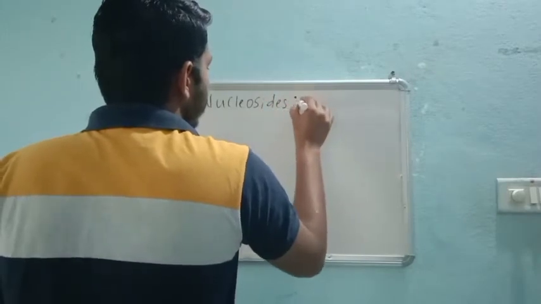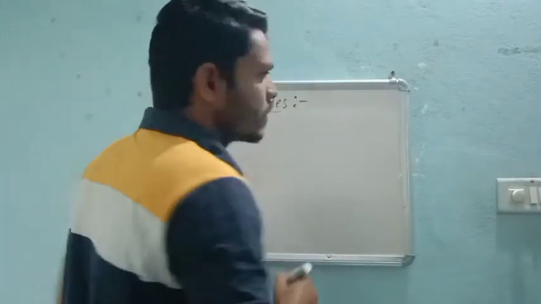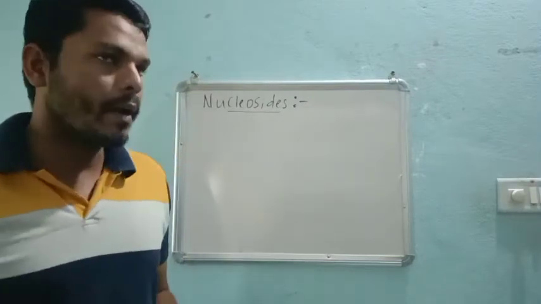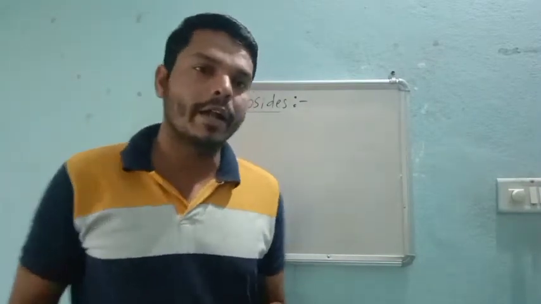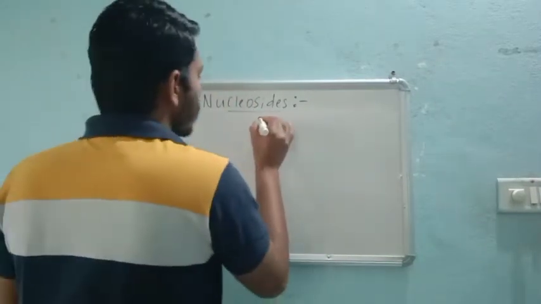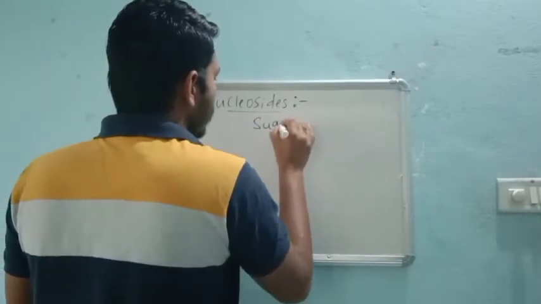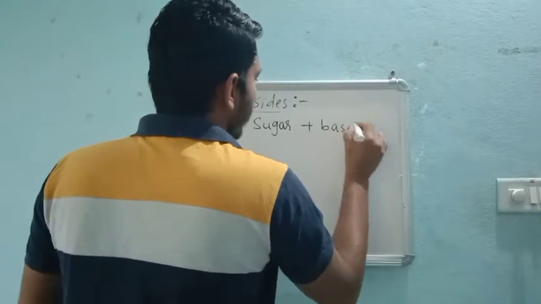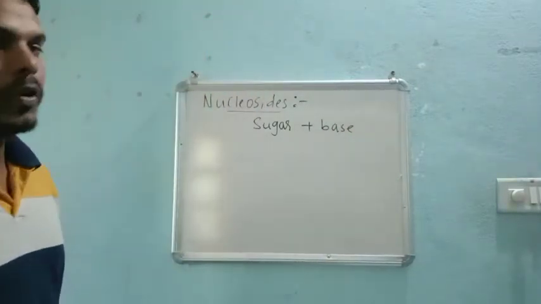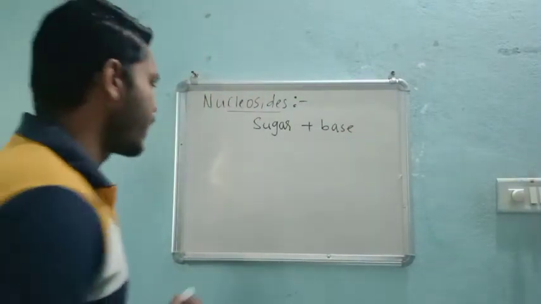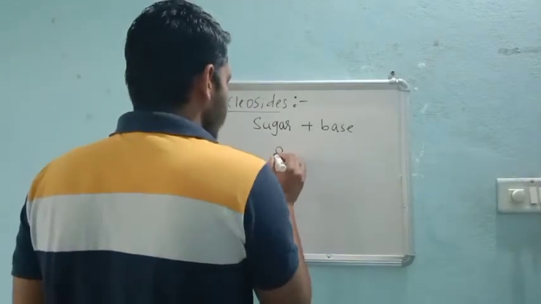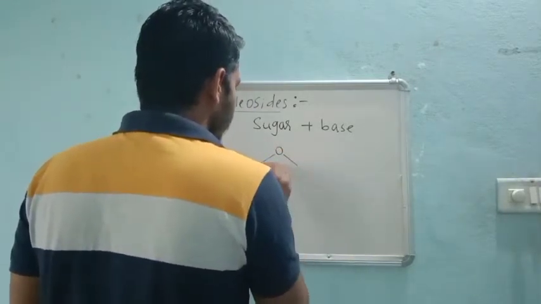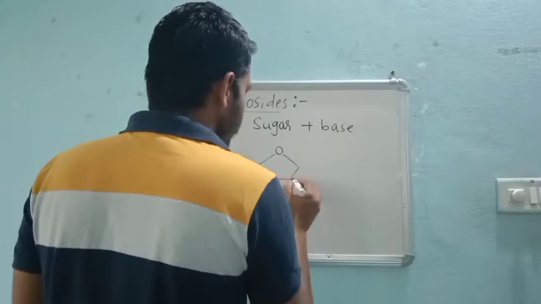So what are these? These are the compounds made up of sugar and base, right? Sugar plus base. How to remember this? Sugar plus base is nothing but a nucleoside. If I show the pentose sugar diagram, it will look like this.